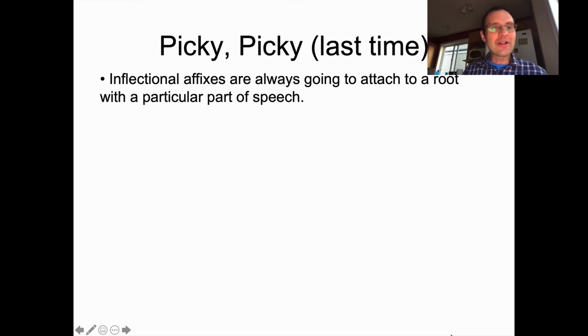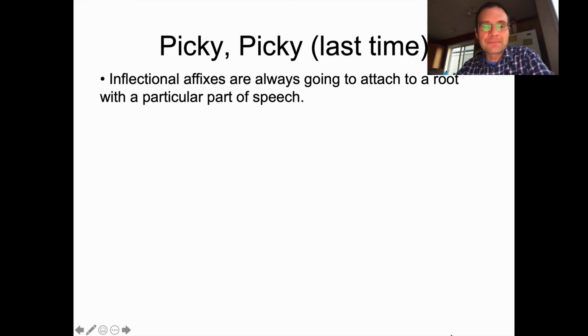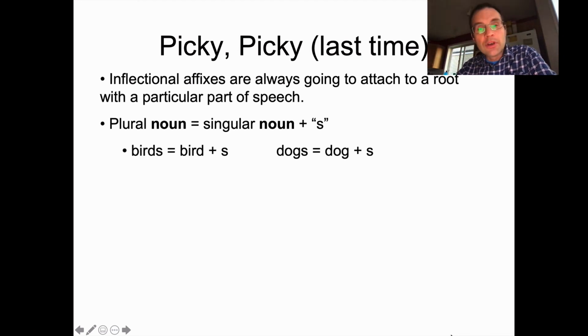Okay, this is the last time I'm going to talk about this pattern that we see in affix morphology, but inflectional affixes are always going to attach to a root with a particular part of speech. So a basic example of this is how we create plural nouns in English. You just take a singular noun and add s to it. So this again is an inflectional affix.